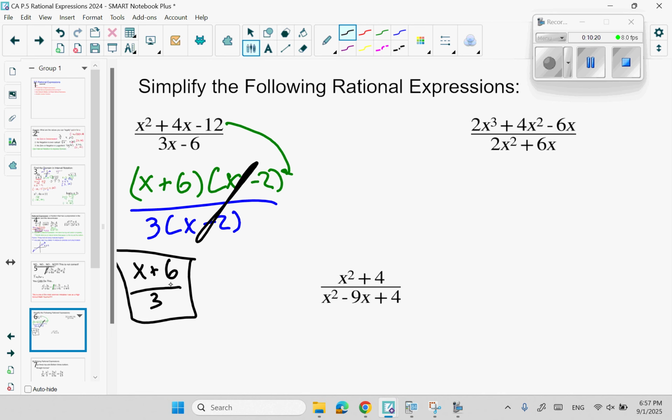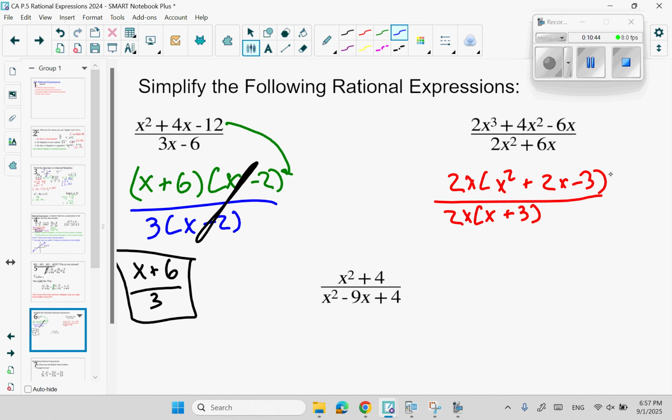Again, please do not cross these out and write x plus 3. That's no good. Over here, I can factor out a 2x of my numerator. So 2x gives me x squared plus 2x minus 3. And then I can factor out a 2x of my denominator as well. 2x, x plus 3. But then I look at this trinomial right here, and I can factor that even further.